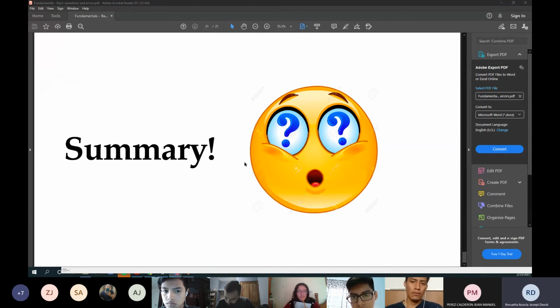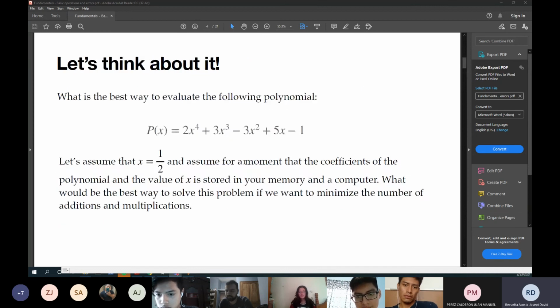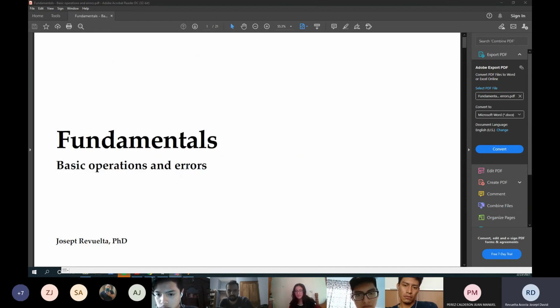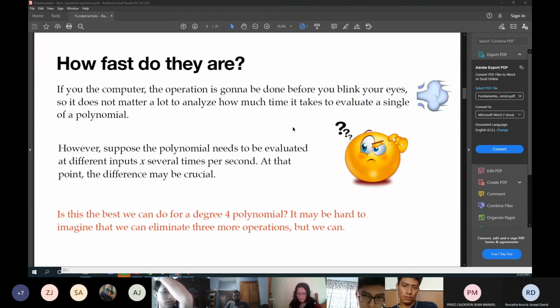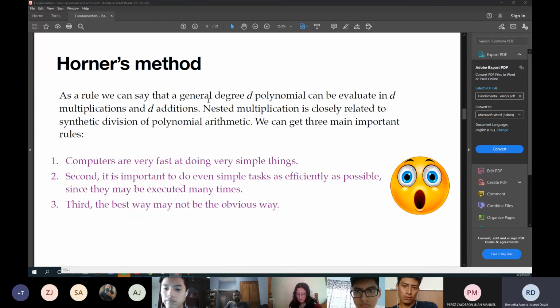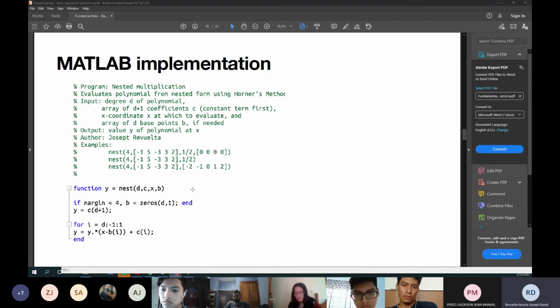So, in general, summary, if we actually talk about the whole class, if you remember, we saw the fundamentals, the basic operations, we saw how to analyze a polynomial. We created a very effective way to evaluate polynomials using the Horner's method. Then we moved to a generalization of the Horner's method and the formula.